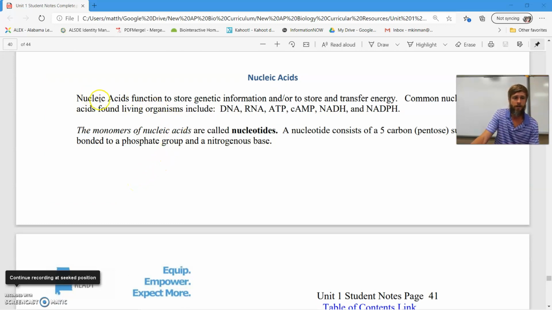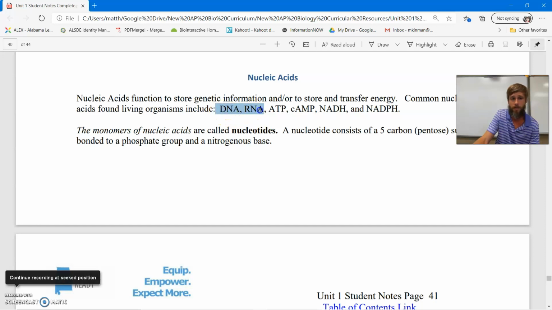So nucleic acids, what are nucleic acids? Well, it's not something that you use to break stuff down with or cook with. It's not that kind of acid. It will donate a proton on one end, which is what acids do. So it technically is an acid, or they are acids. But their function is to store genetic information and to store or transfer energy. For example, DNA, RNA.